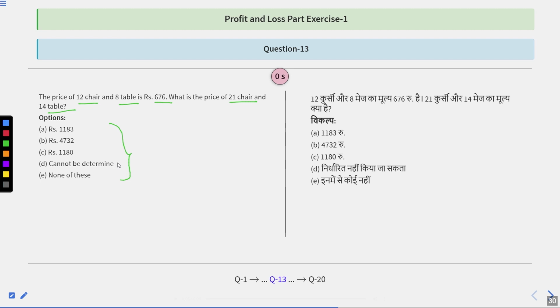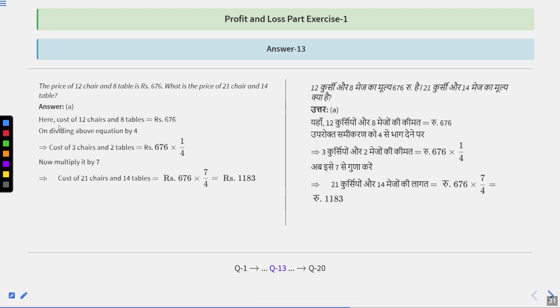Now time's up. Let's see the solution. Here the cost price of 12 chairs and 8 tables is given as 676 rupees. So dividing by 4 on both sides, we get the cost price of 3 chairs and 2 tables, which becomes 676 multiplied by 1 by 4.